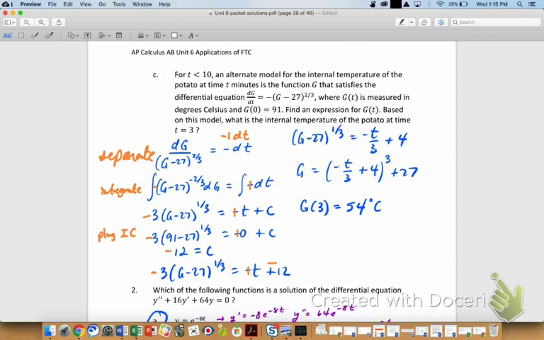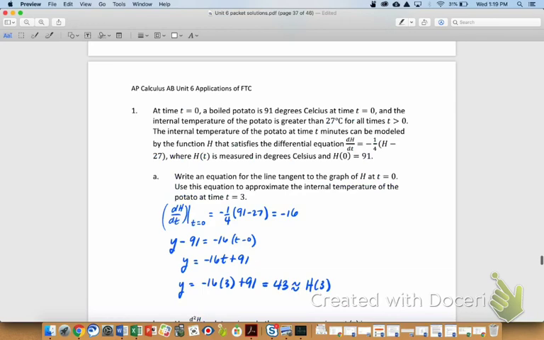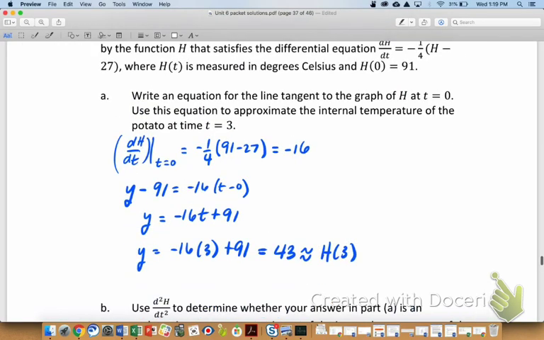Let me show you a couple more. Here is A. A asked for the equation of a tangent line. It did not ask for a solution curve. It did not ask you to separate the variables and find the particular solution. It's right there in the very first couple of words: write an equation for the tangent line to the graph of h at t equals 0.